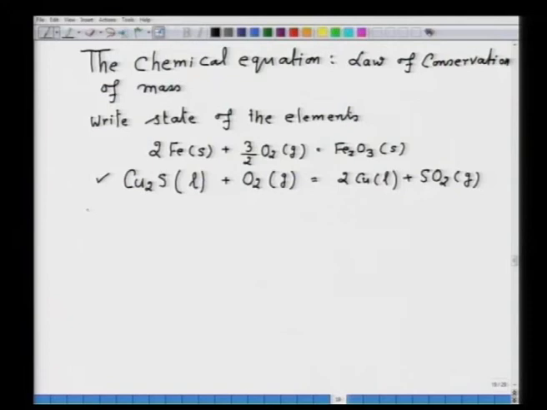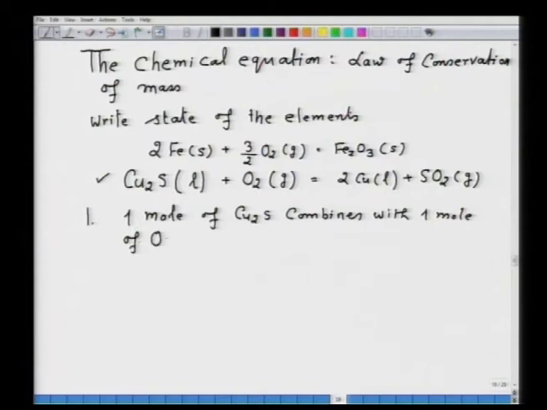Now, this particular equation says that 1 mole of Cu2S combines with 1 mole of oxygen and produces 2 moles of copper and 1 mole of SO2.